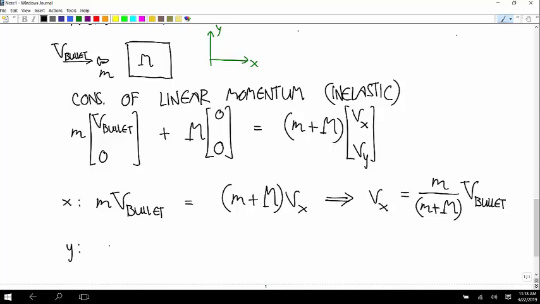And the y equation says 0 is equal to the quantity m plus big M times Vy. So Vy is equal to 0.